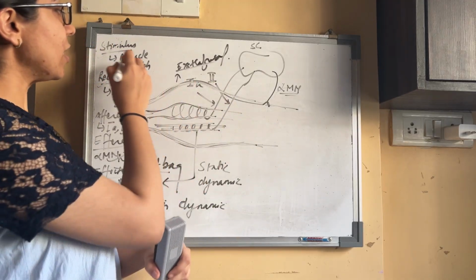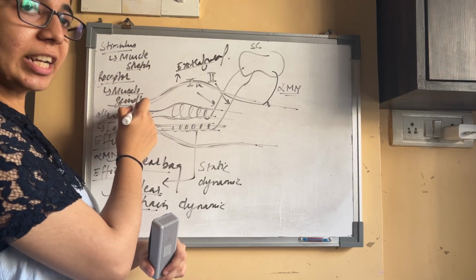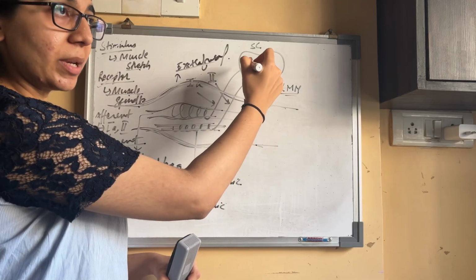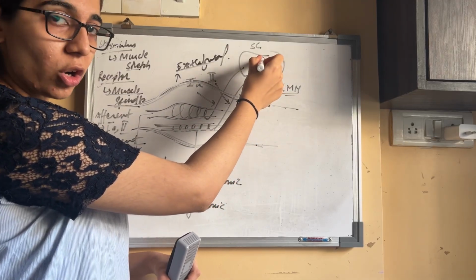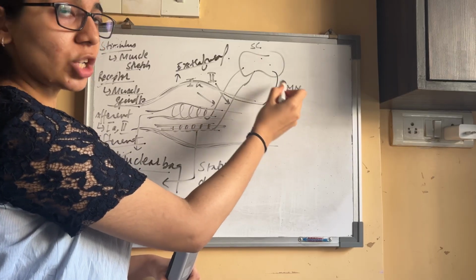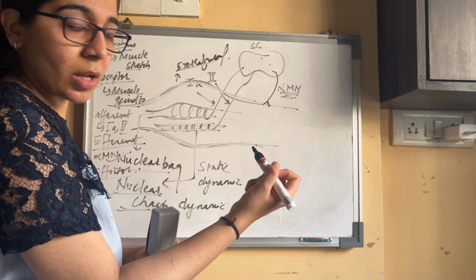So the stimulus is muscle stretch. The muscle spindle will get activated, and via the afferent nerve fibers, this information is going to reach the spinal cord, and then from the spinal cord the motor fibers, which are the alpha motor neuron, will resist this lengthening.